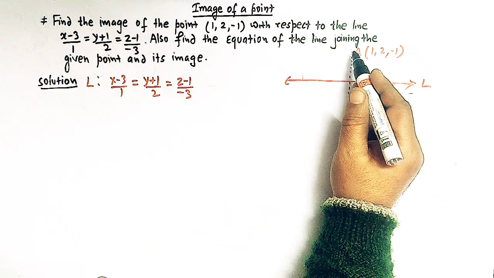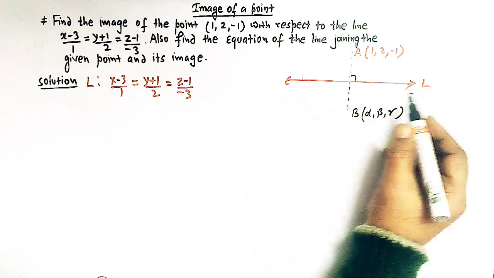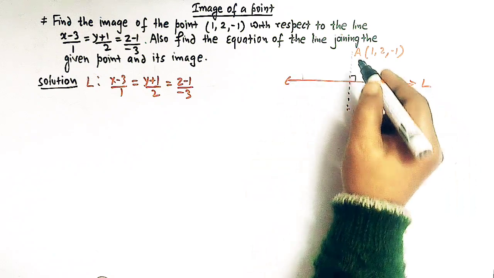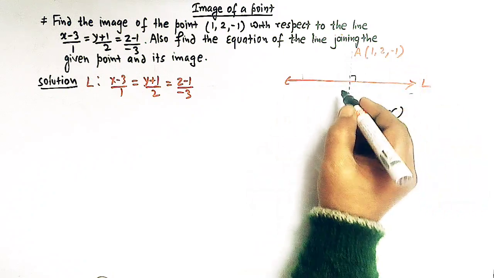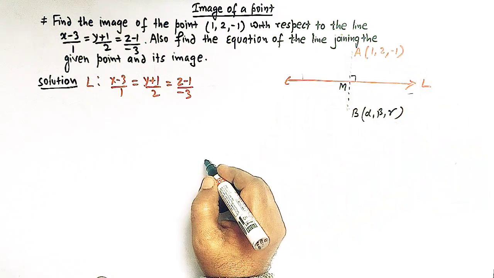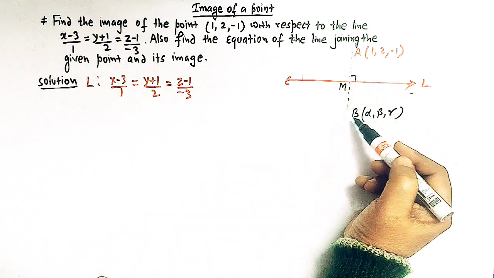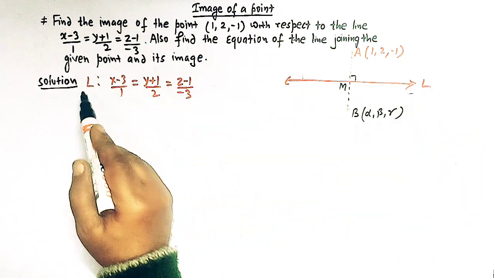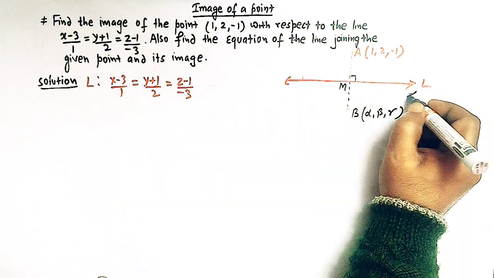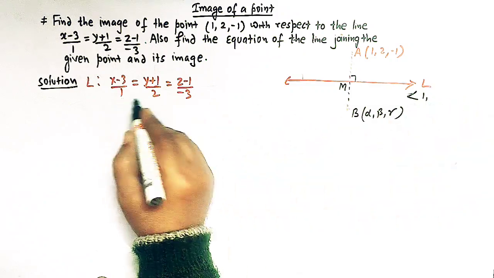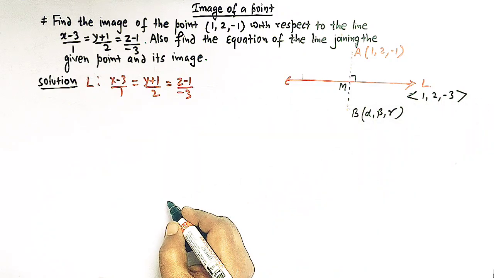And here this line AB is perpendicular to this line L, and let us call the intersection of this line AB and this line L as M. So here AM or AB is perpendicular to this line L, and the direction ratios of this line L are given as 1, 2, -3, right?